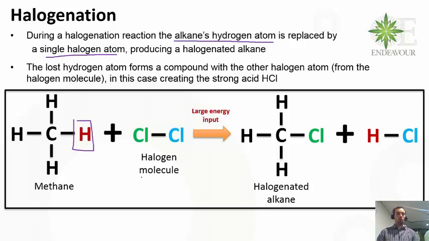Remember, before you can get a chemical reaction to take place, we need an energy input to break some of the existing chemical bonds. So the chemical bonds that are going to break are the one between the 2 chlorine atoms and the one between the carbon and the hydrogen. Essentially, now that they're broken, we can get this atom rearrangement.